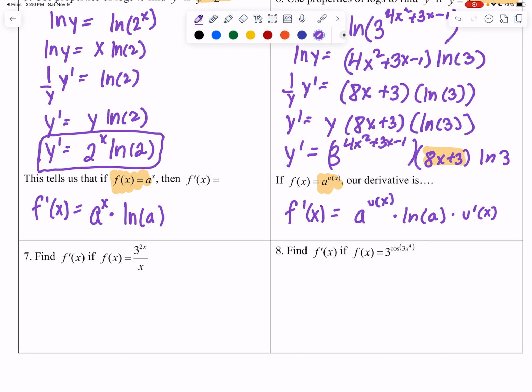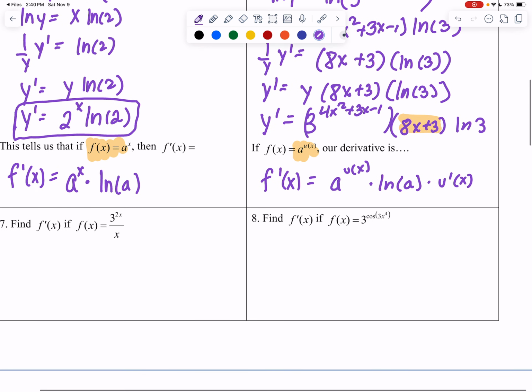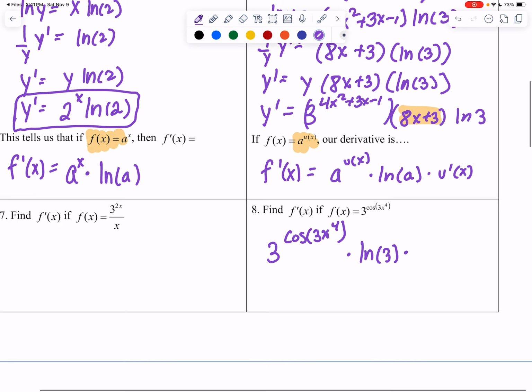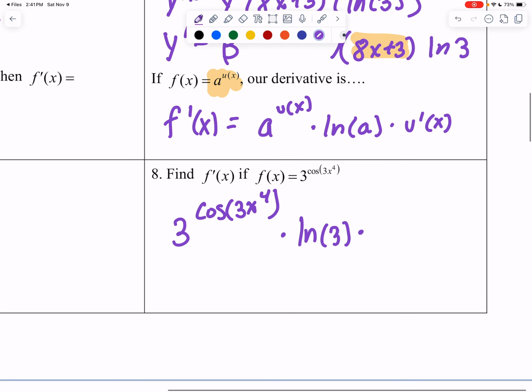So for example here, if I were to do number 8, where I want to find the derivative of 3 to the cosine of 3x to the 4th power, I'm going to have 3 to the cosine of 3x to the 4th. I'm going to have ln of 3. And then I'm going to use chain to find the derivative of cosine of 3x to the 4th.